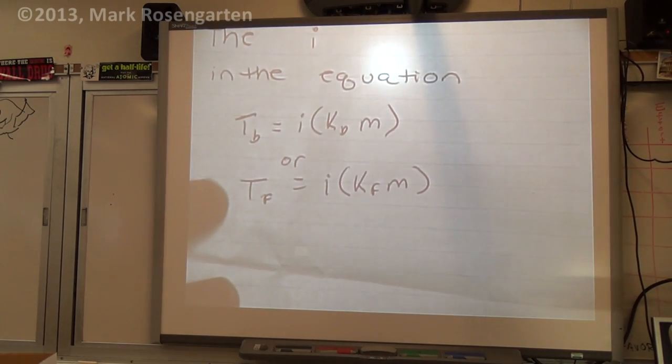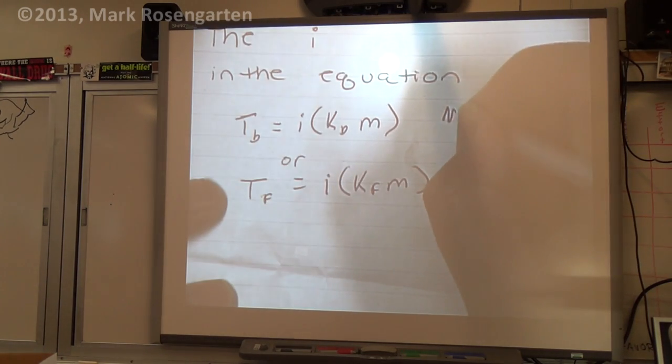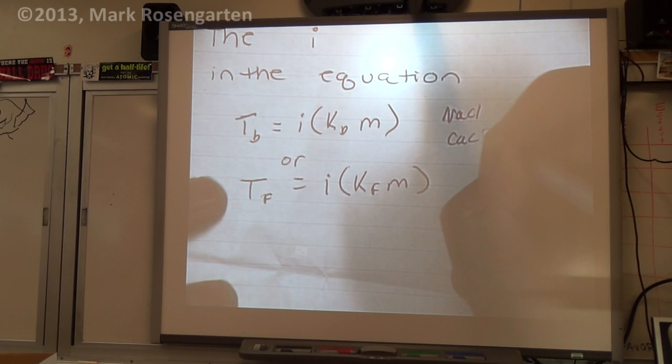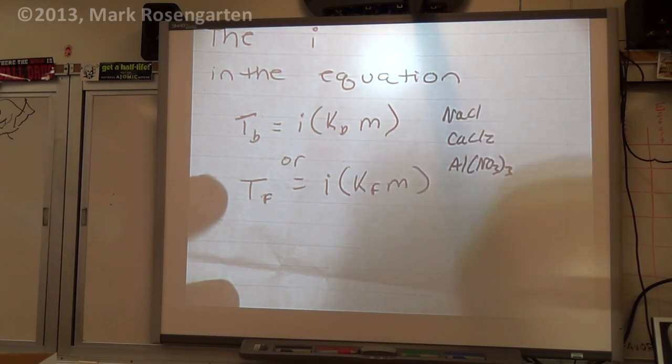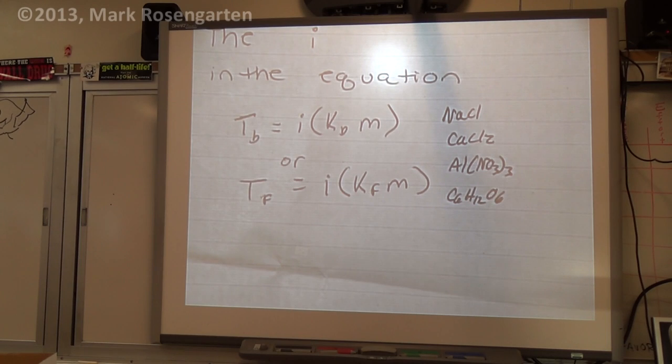Now, let's suppose we have solutes like NaCl, CaCl2, Al(NO3)3, or C6H12O6. When we dissolve these in water, are they going to have an equal effect on the freezing and boiling point?